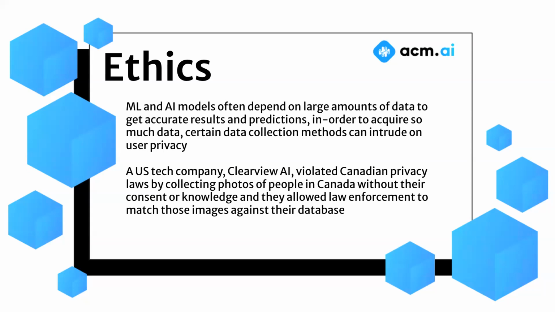As an example, a US tech company, Clearview AI, recently violated Canadian privacy laws by collecting photos of people in Canada without their consent, and they allowed law enforcement to match those images against their database. So this was data that was taken without consent and it was used against them. These are definitely issues that AI faces, so it's just something to be aware of.